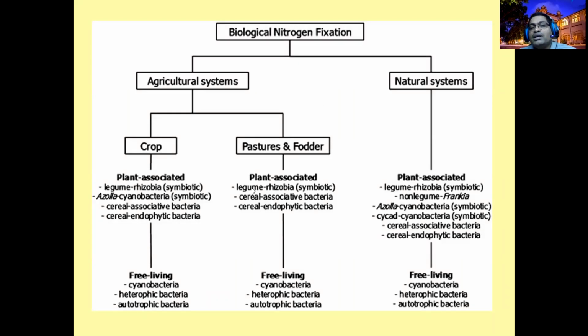Even in pasture and fodder there are legume-rhizobia, cereal-associated bacteria and free-living bacteria. In the natural ecosystem, there are a lot of azolla-anabaena complexes available. So all these systems are working to fix biological nitrogen, right?